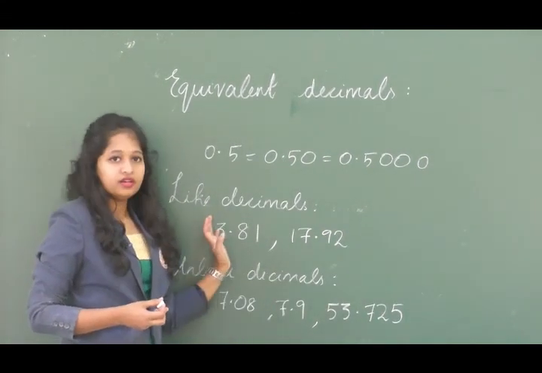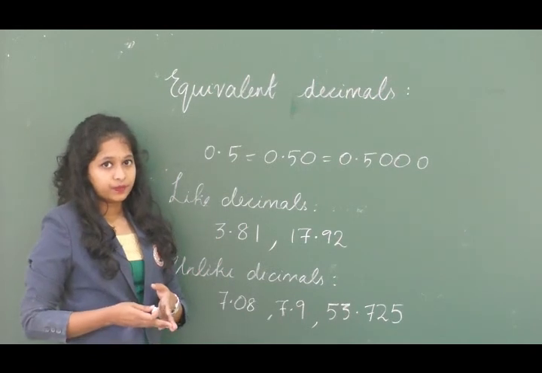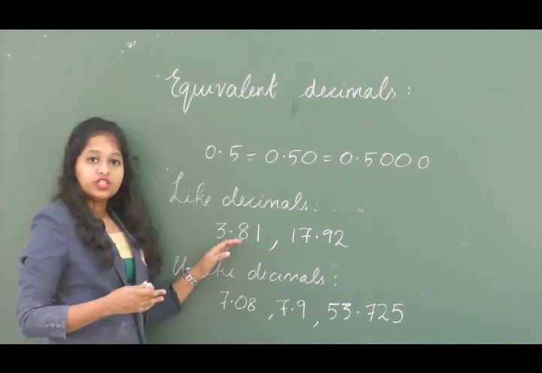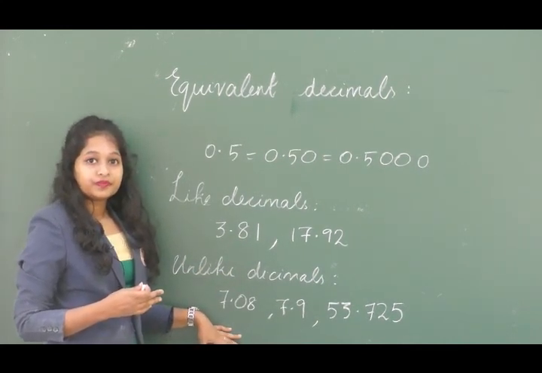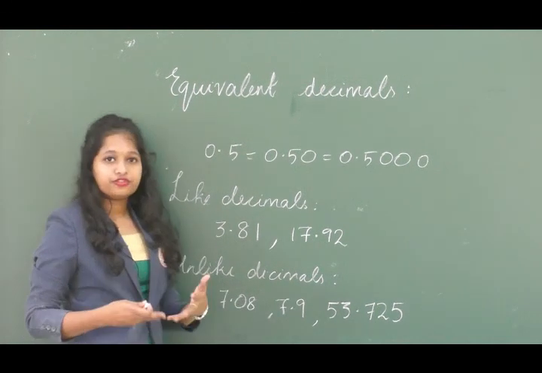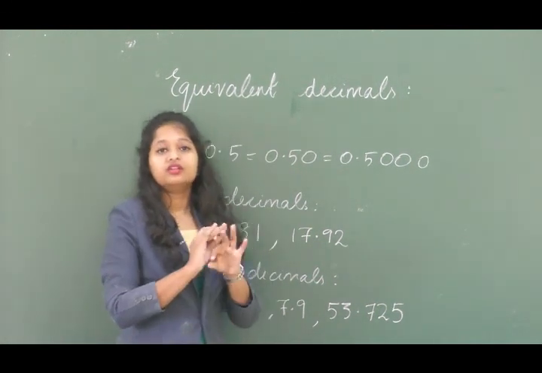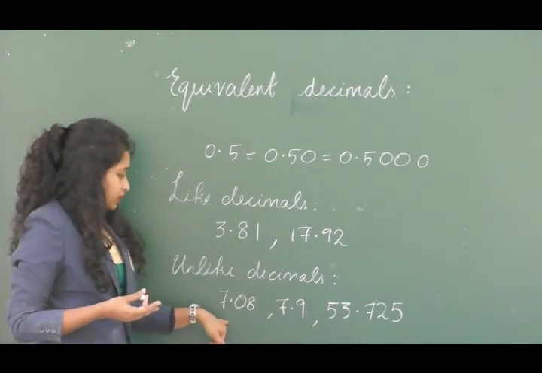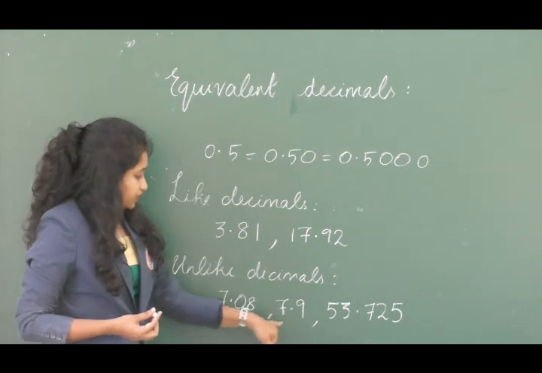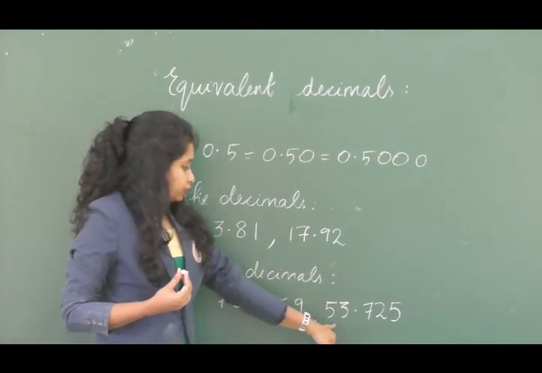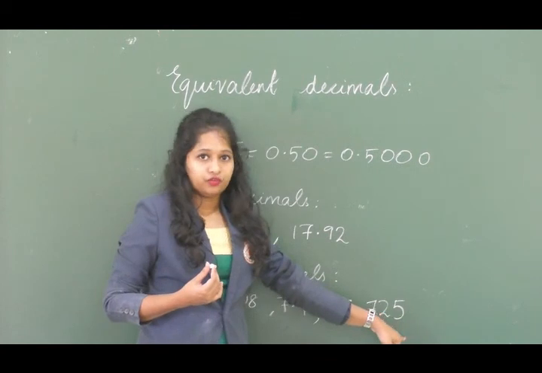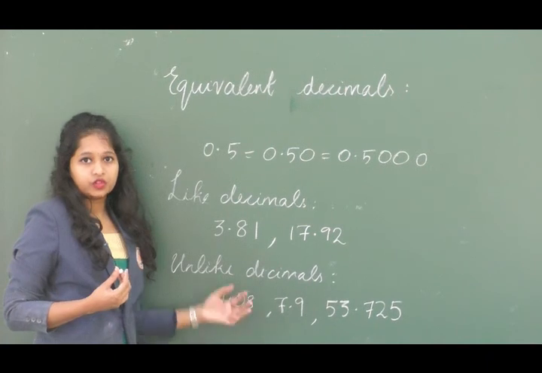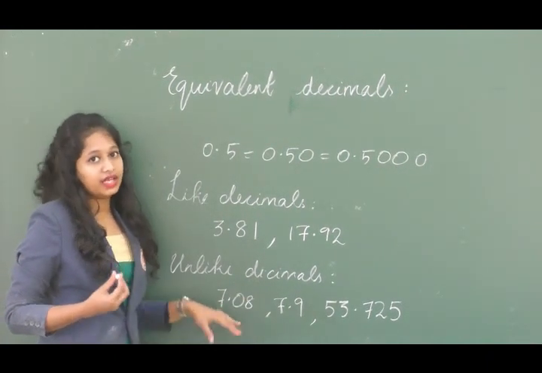So both these are like decimals because the decimal places are same. What about unlike decimals? When you have different decimal places, then those decimal numbers are unlike decimals. For example, 7.08, 7.9, 53.725. Here there are 3 decimal places, here 1, here 2. So all these are unlike decimals.